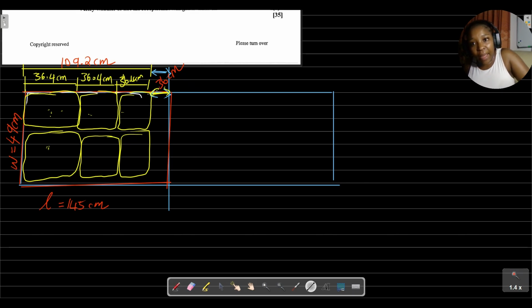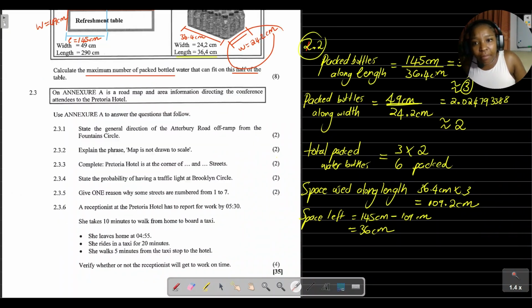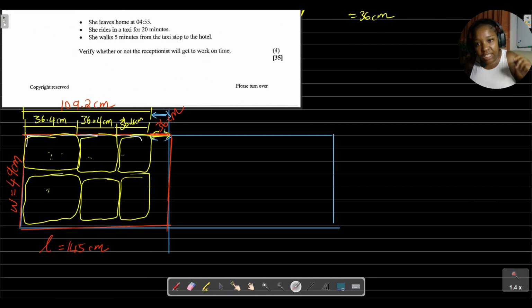Remember, if I've got 36 there, that means I can pack at least one packed water bottle along its width. And then, will I be able to fit the length there? Definitely, because the width there is 49 and the length of this packed water bottle is 36.4. So I can actually fit one more bottle into that space.